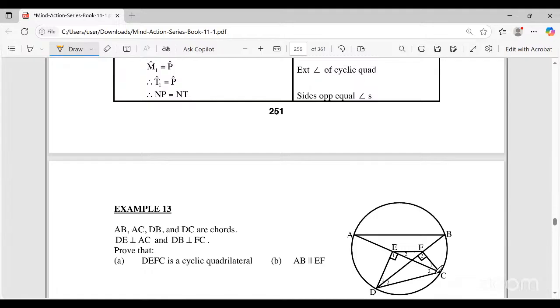You're also given that DE is perpendicular to AC, 90 degrees there, and DB is perpendicular to FC. Now prove that DEFC is a cyclic quad. So does anyone have an idea of how we can prove that DEFC is a cyclic quad?